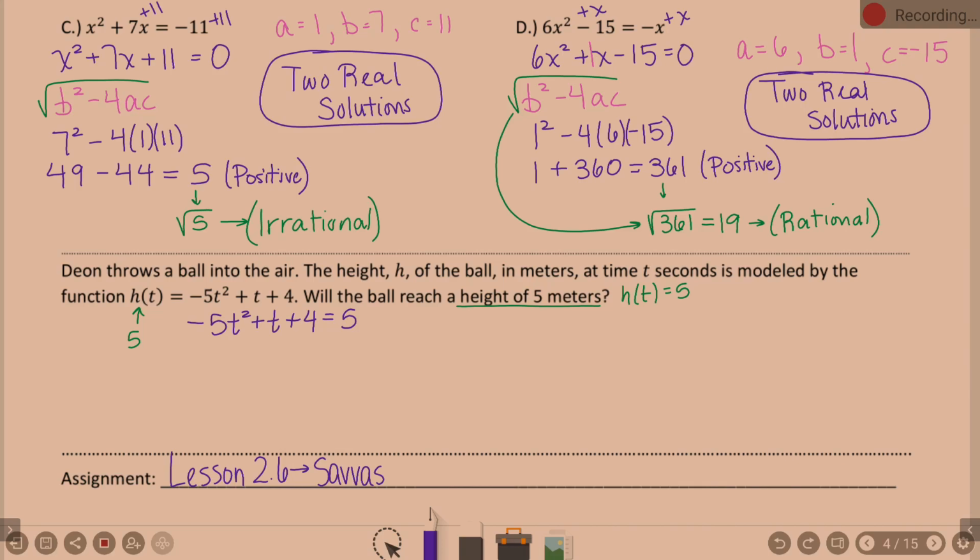No, you could, but what could we do? How do we find out how many solutions and what types of solutions there are? You could use your discriminant, b squared minus 4ac. Now, before we can use it, what do you have to do?